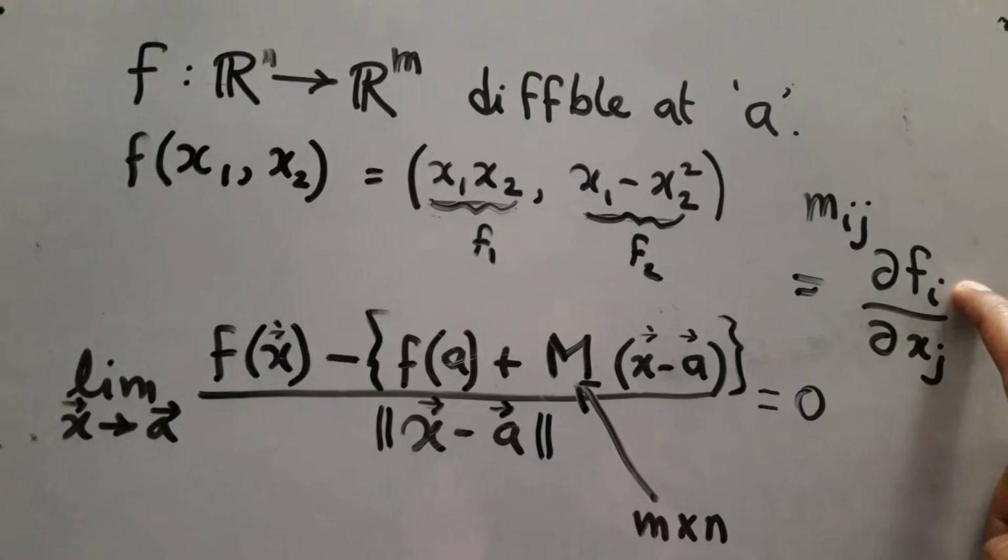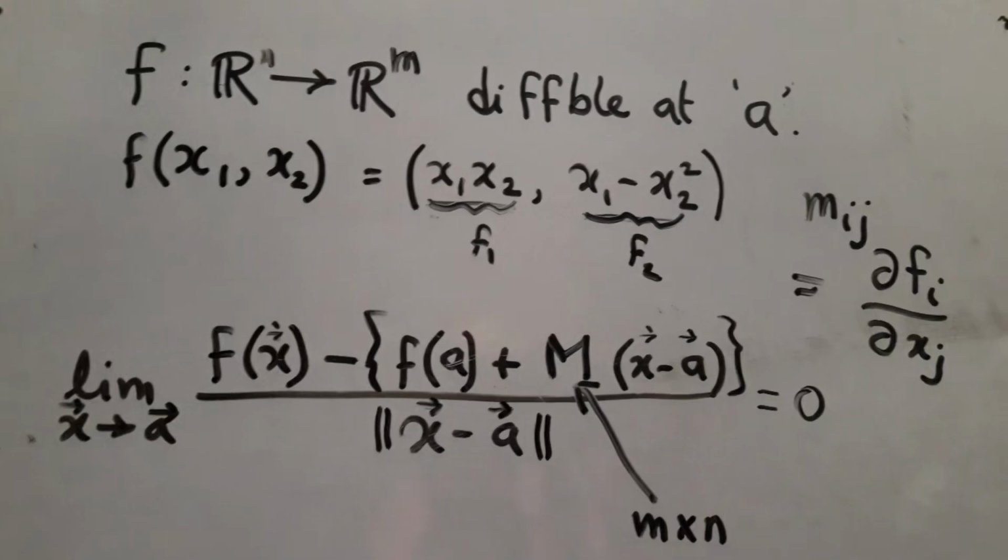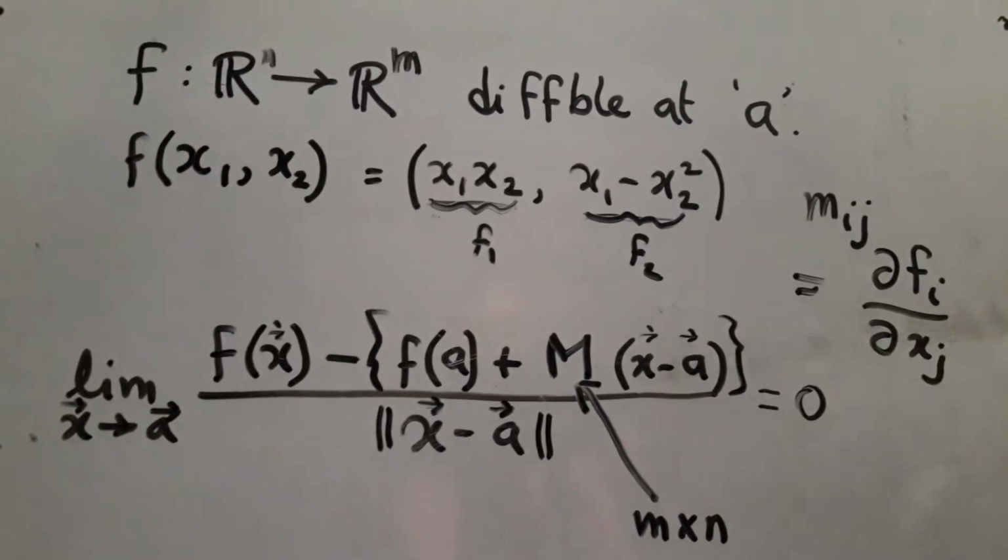Just remember, i occurs upstairs, j occurs downstairs. If you do not do that, in that case it will not be m cross n, it will become n cross m if you swap them. Now why this occurs is something that we do not need to worry about right now. You will see the proof later. The proof is quite straightforward, but let's just do the computation in order to appreciate it.